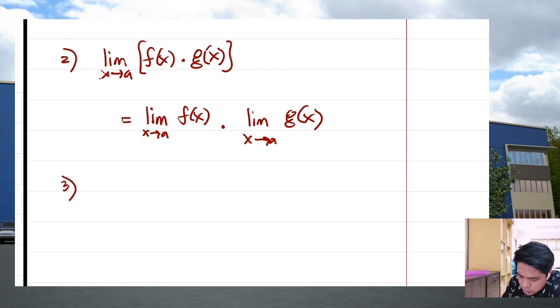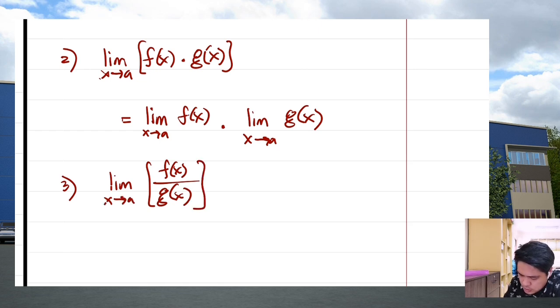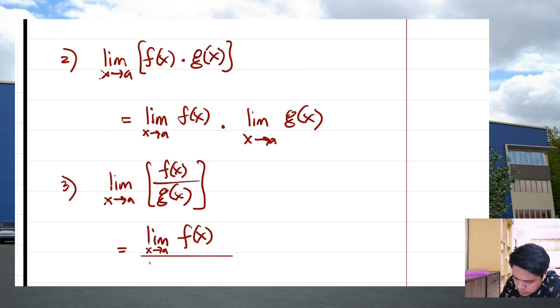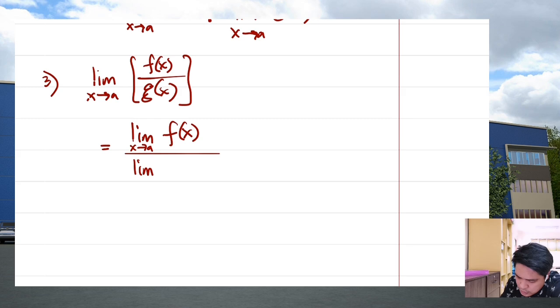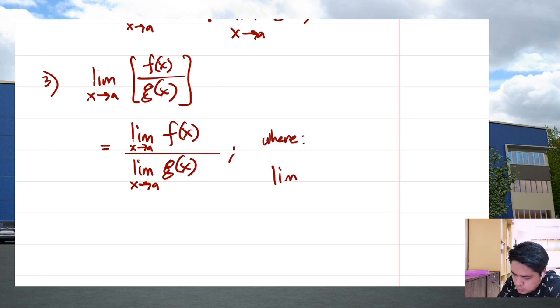So for number 3, if we have the limit of f of x over g of x as x approaches a, that is equal to the limit of f of x as x approaches a over the limit of g of x as x approaches a, where the limit of g of x as x approaches a should not be equal to 0.